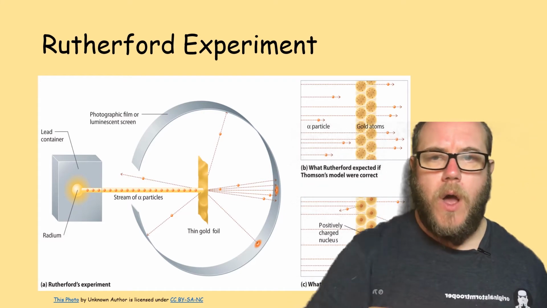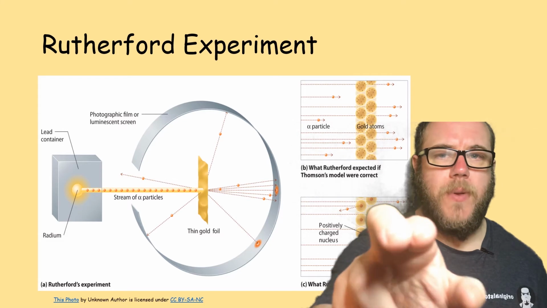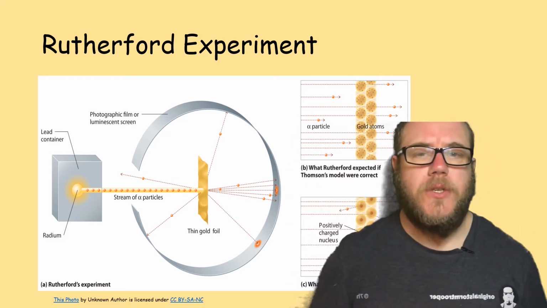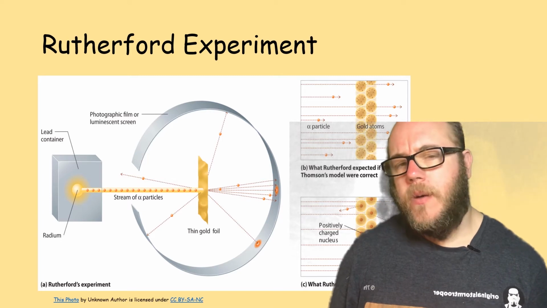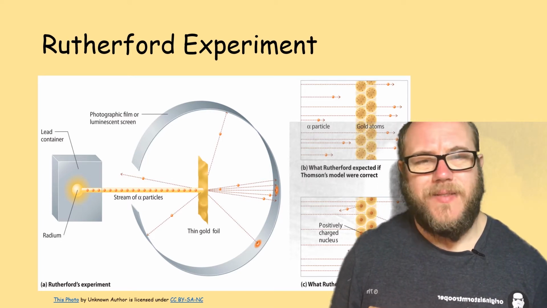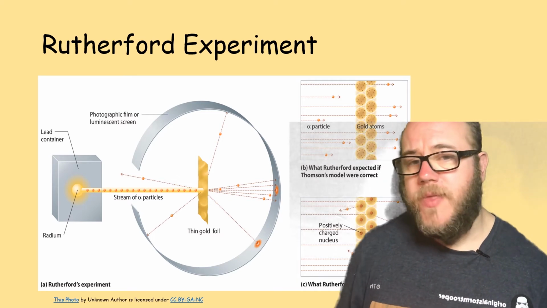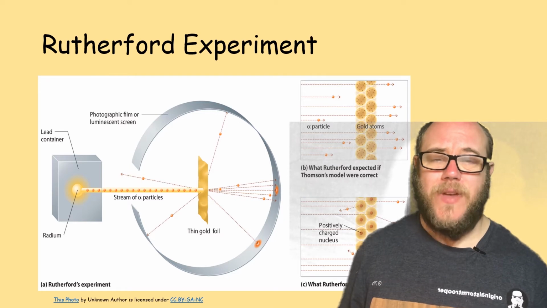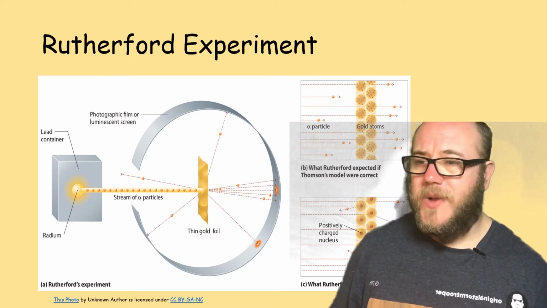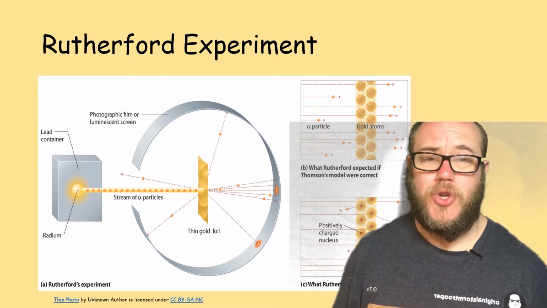And what should happen is it should have gone straight through and possibly punched a hole through the gold foil. But it didn't. At least a lot of it did. It just went straight through with no effect. Now gold particles are massive compared to the alpha particles, which are tiny. The gold particles are huge.